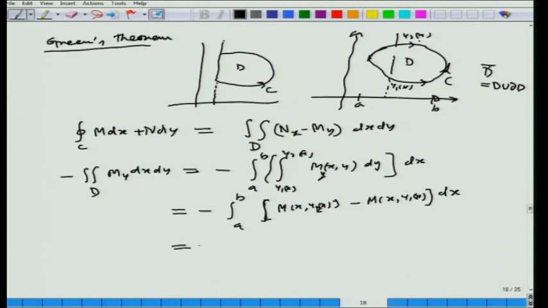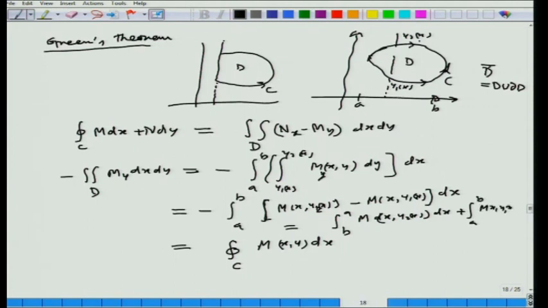So, this is actually nothing but the integral of M(x, y) dx, because in the first term we have a minus sign, so the direction gets reversed and it goes from B to A. If you adjust this minus sign, it is the integral from B to A of M(x, y2(x)) dx, plus the integral from a to b of M(x, y1(x)) dx.